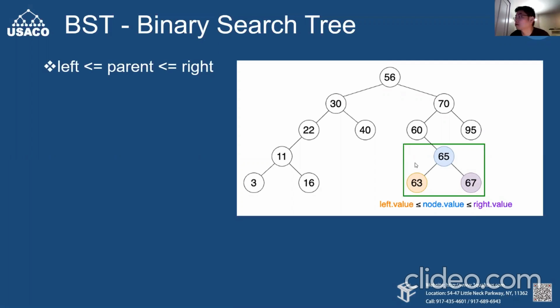The root node is 56. He has a left node, 30, which is smaller than himself. And his right node is 70, which is bigger than himself. And look at 30. His left node is 22, which is smaller than himself, and his right node is 40, bigger than himself.